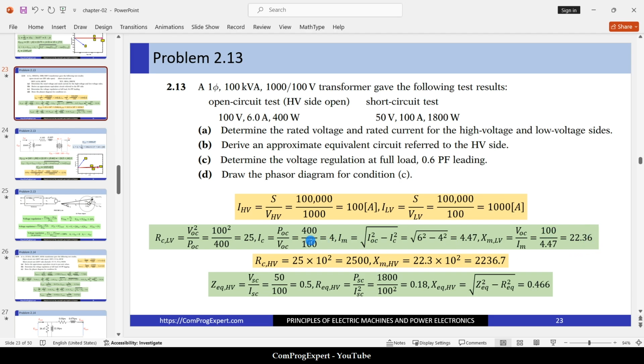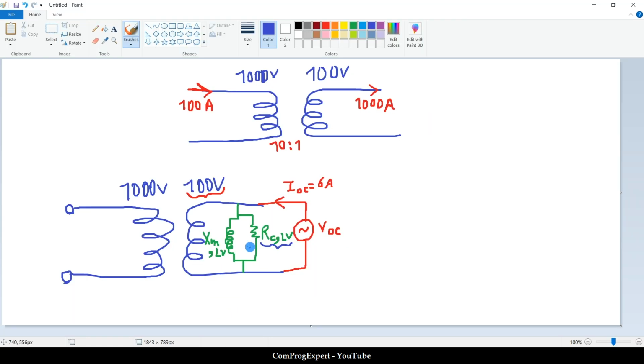So how can we calculate the referred quantities to the high voltage side? Okay, how can we refer these quantities? This is the turns ratio, 10 by 1. First, we should look at this number and then this number.